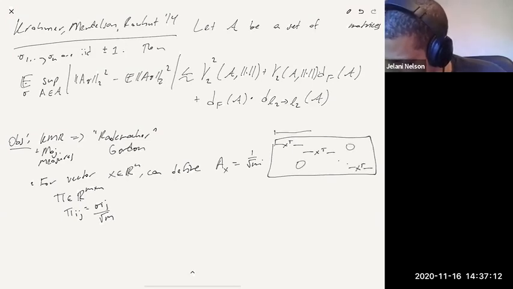So the number of columns is mn, and the number of rows is m.